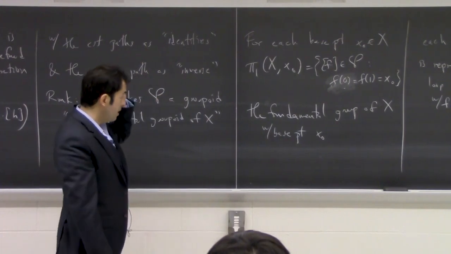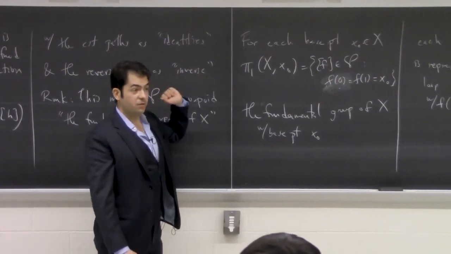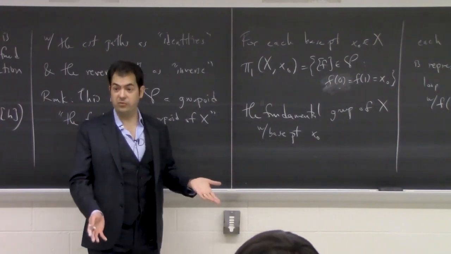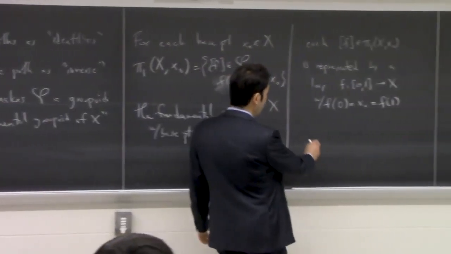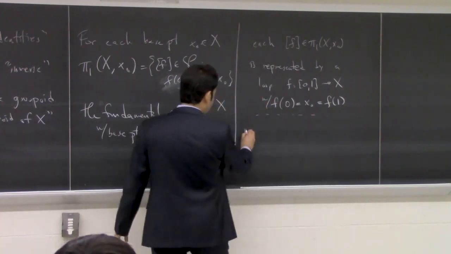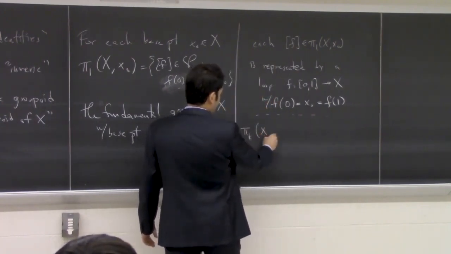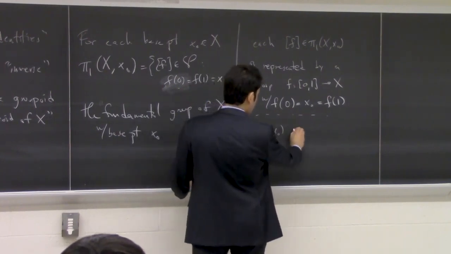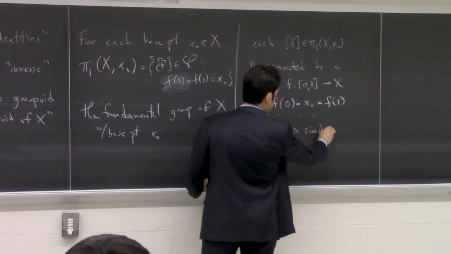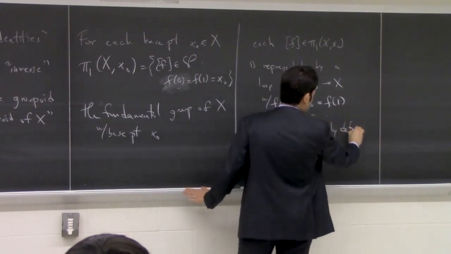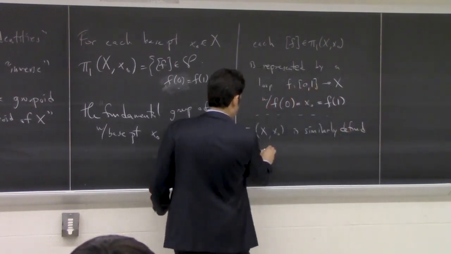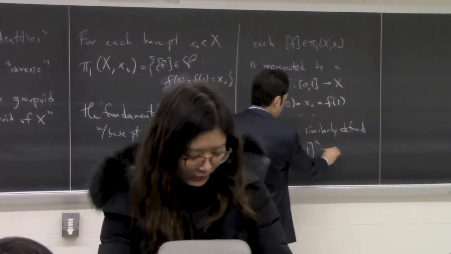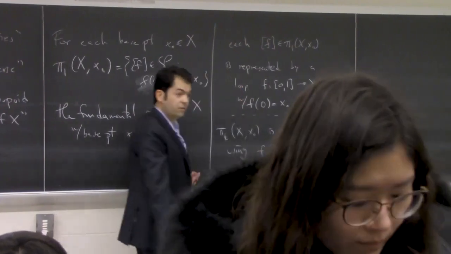The notation, pi1, as I mentioned, this is because there is a whole family of homotopy groups of a space. So not to keep you in suspense, pi k is going to be similarly defined using maps from the k-dimensional cube to X, right?